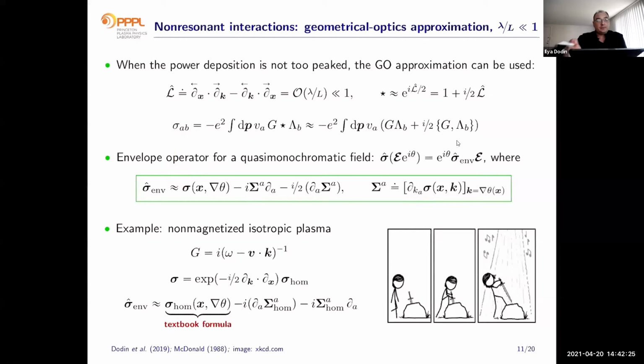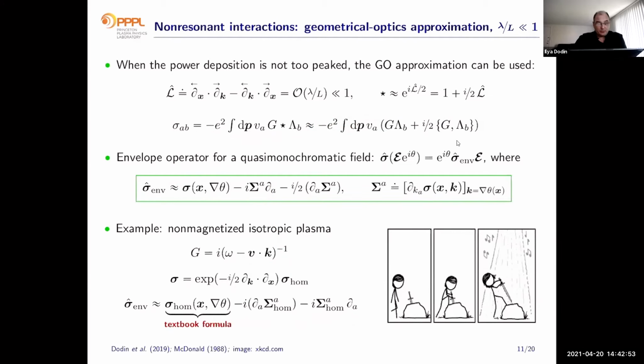For example, for non-magnetized isotropic plasma, the Green's operator has a symbol which is particularly simple. And then even without any of this, you can actually express this symbol exactly in this form, so it's an operator raised to an exponent. And then if you use this approximation, you get these additional terms in addition to the textbook formula that only applies in homogeneous plasma.